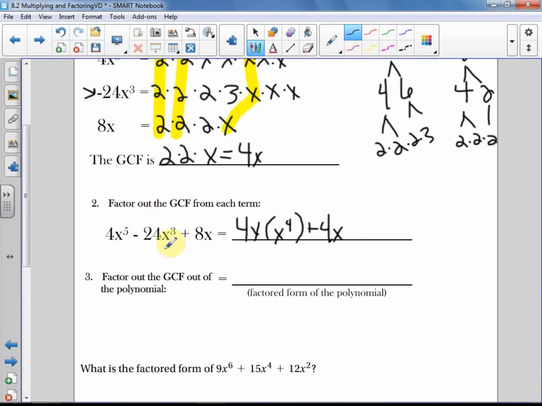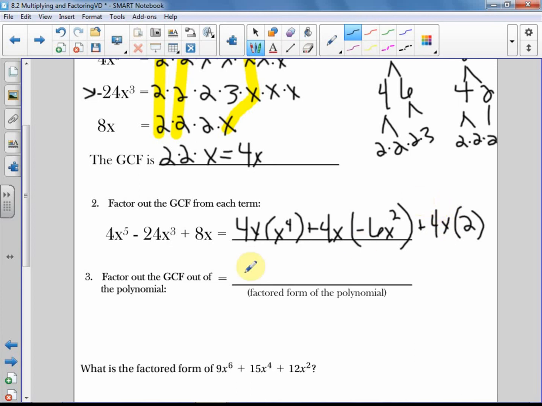Once I factor a 4x out of 24x cubed, I will have a negative 6x squared. Multiply those together, I get negative 24x to the third, perfect, plus 4x, and once I factor a 4x out of 8x, I just have a 2 left. 4 times 2 is 8 times x, 8x.